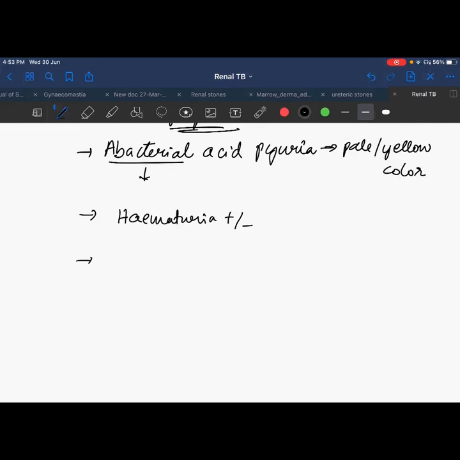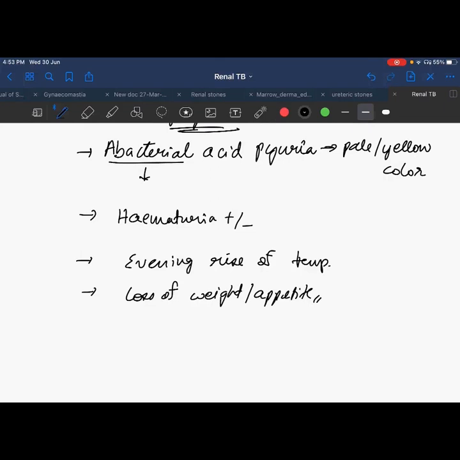Next, hematuria may or may not occur. Then typical TB symptoms like evening rise of temperature, loss of appetite, loss of weight. These are the TB symptoms, which also will occur.